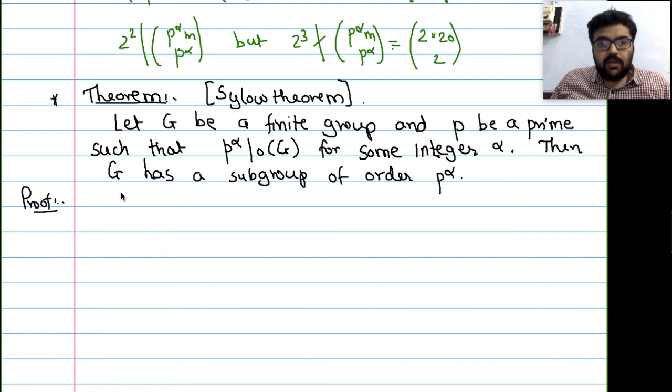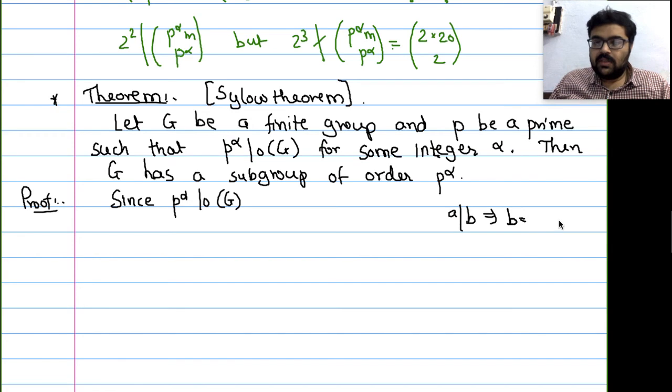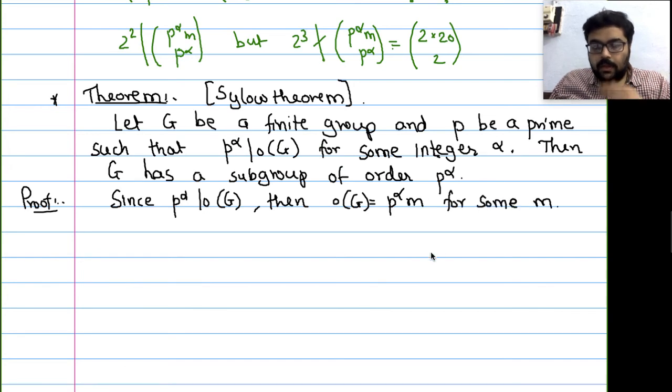So if p power alpha divides order of G, what can we say about order of G? If A divides B, then we can write, this is the way we write, B equals to AC for some C. So then order of G equals to p power alpha times m for some integer m.